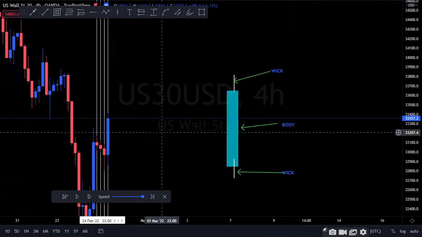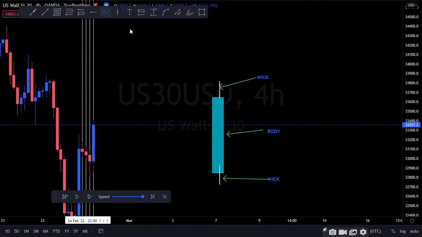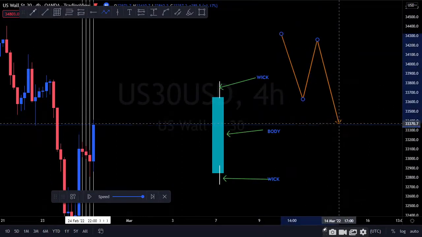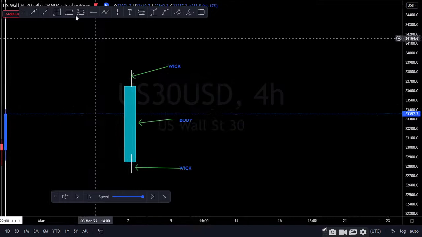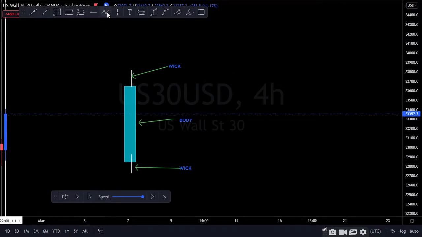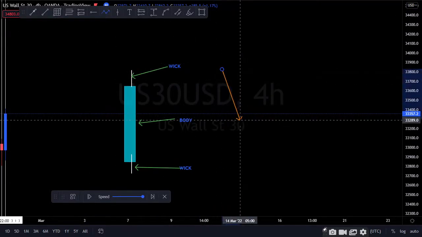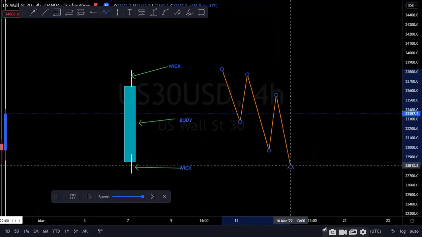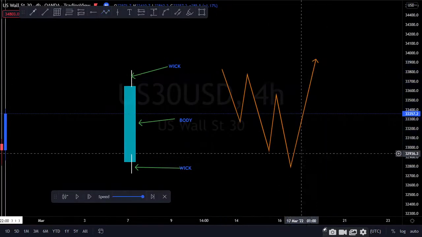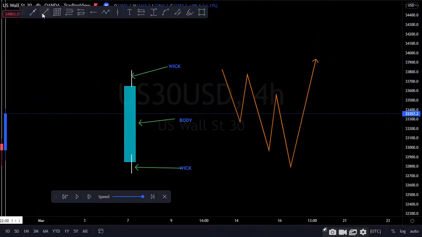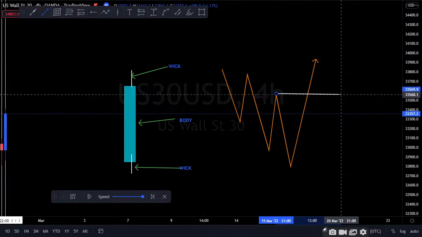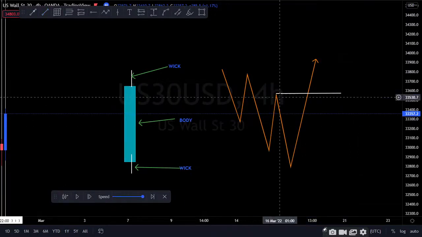Good. So in terms of a bearish market like this, remember I told you the market has changed from bearish to bullish only if the last lower high is broken, which is this one.